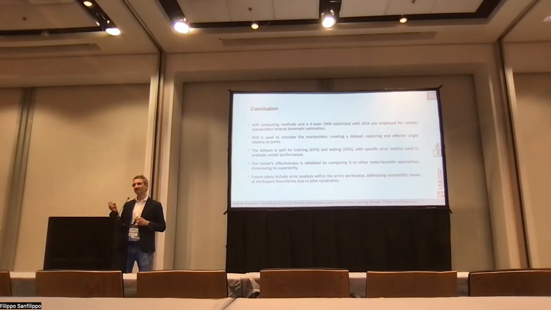When you use ROS and a simulator, you can, for example, also simulate collisions, and you can have a more realistic simulation compared to the real world, which is not idealized like in mathematics. Okay.